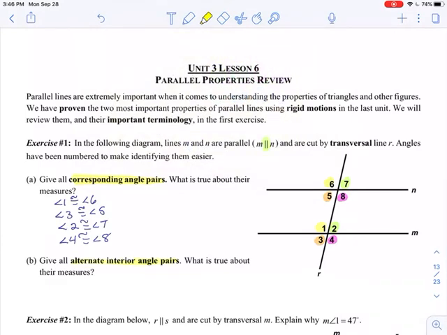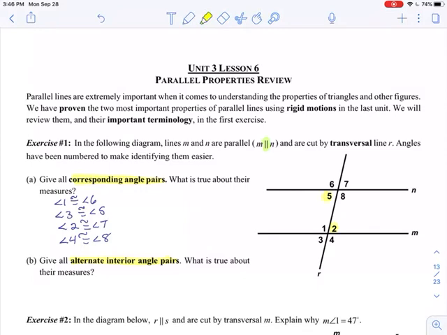Another thing that you talked about in middle school probably was alternate interior angles. So interior angles are the angles that are between the parallel lines, and they're on opposite sides of the transversal. So I'm actually going to erase these that I have highlighted.